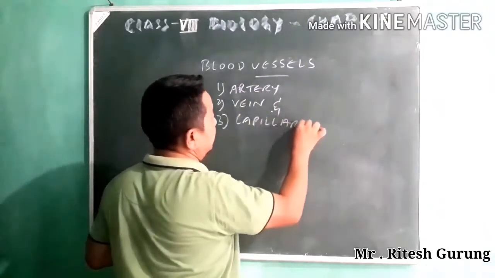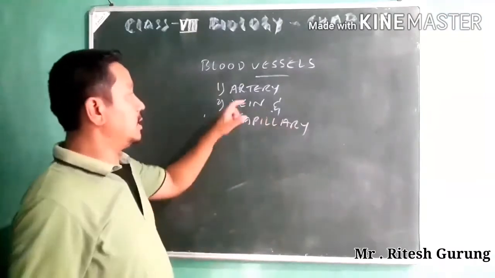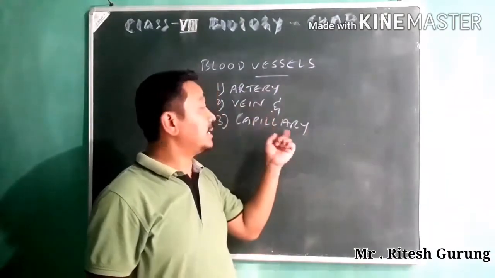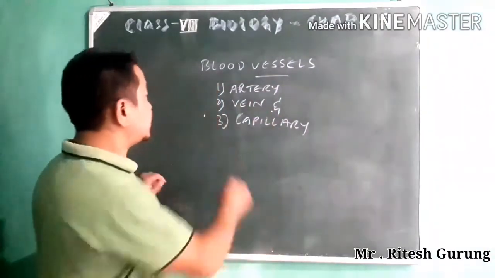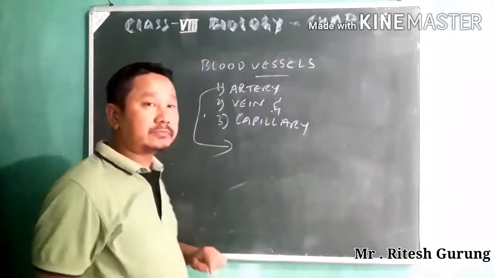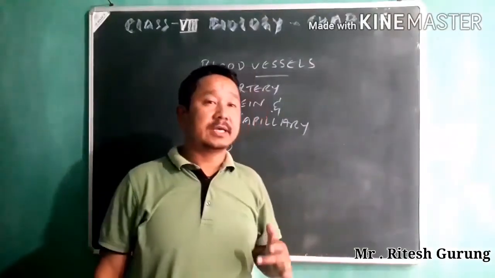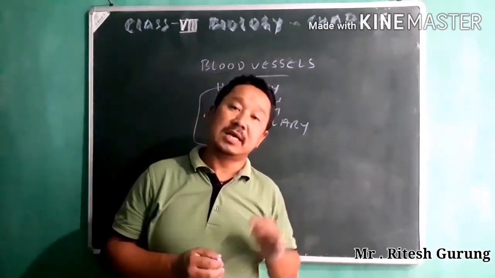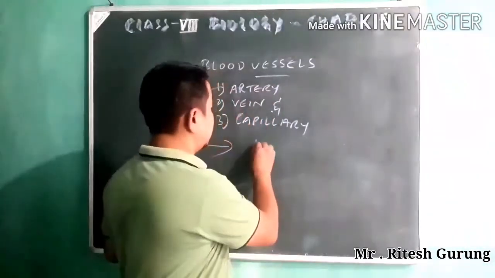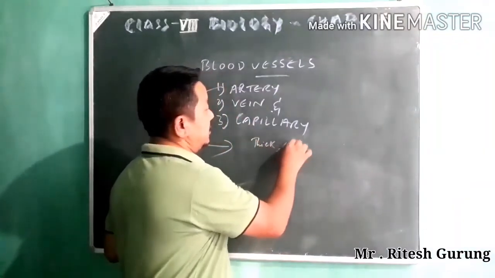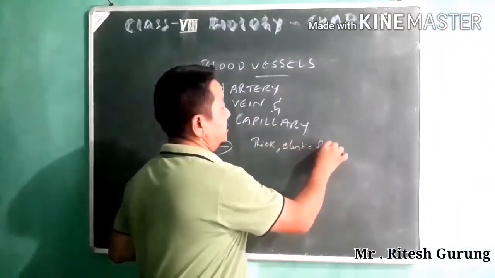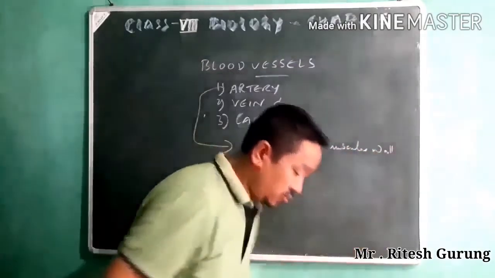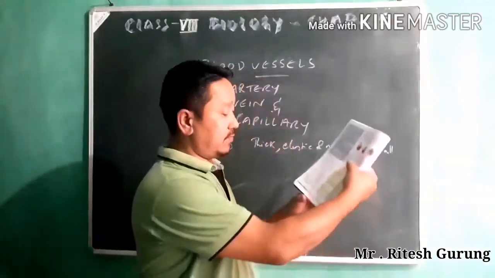These are written in singular form. The plural forms are arteries, veins, and capillaries. So let's talk about arteries. Arteries have a thick, elastic, and muscular wall, which is also shown here in the diagram on page number 58.